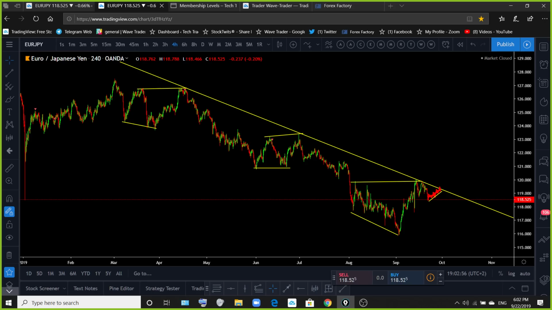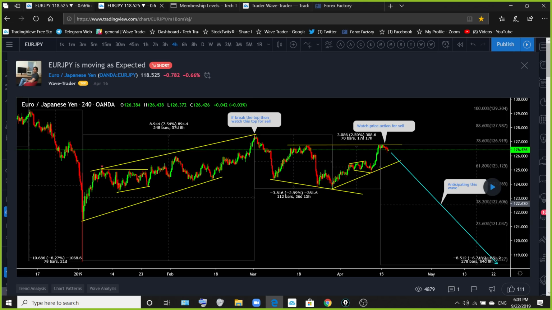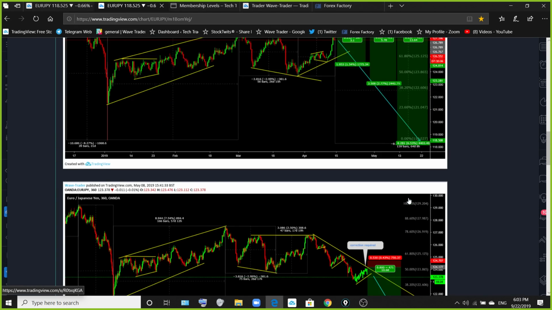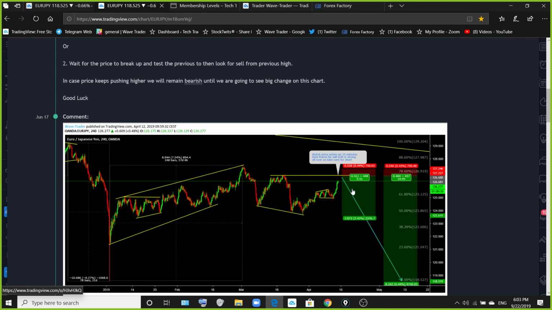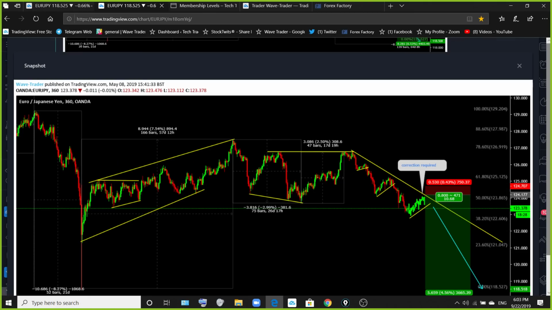Let's look at the lower time frame. I hope we're going to have that correction over there. There you got it. We were looking for euro yen to go down from there, and there you got the corrections.